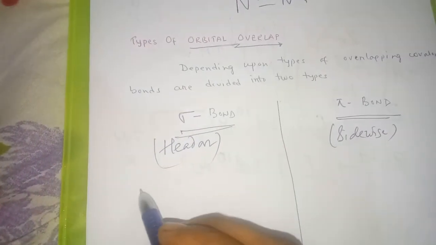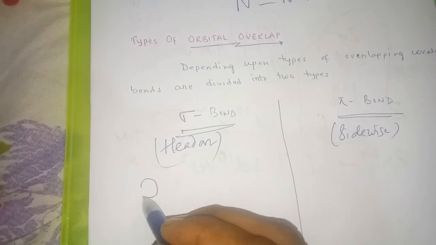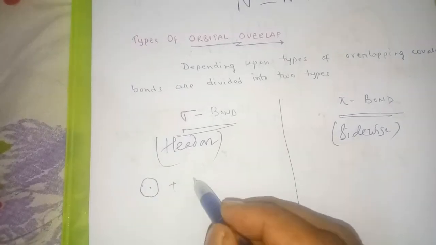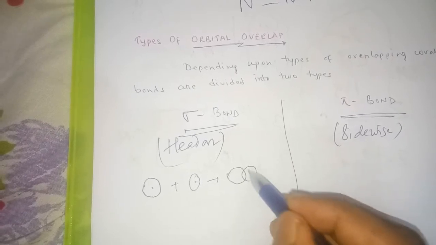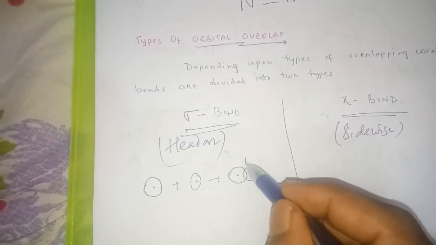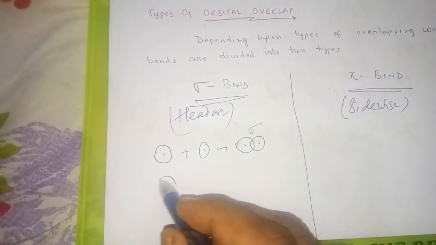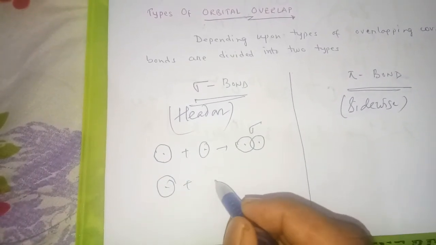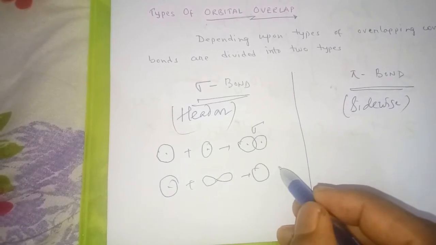Now if you take the sigma bond, one s orbital like that, another s orbital like that, they are always head-on overlapping, forming a sigma bond. Now one s orbital with one p orbital, forming again a sigma bond.